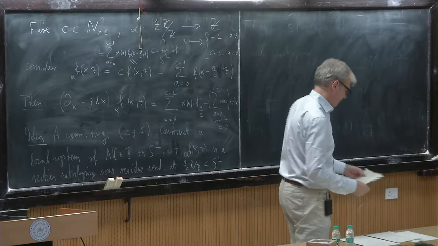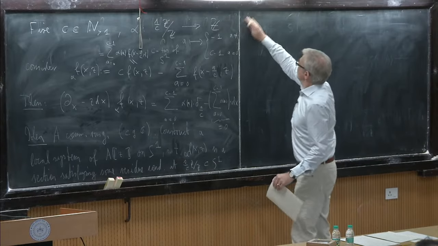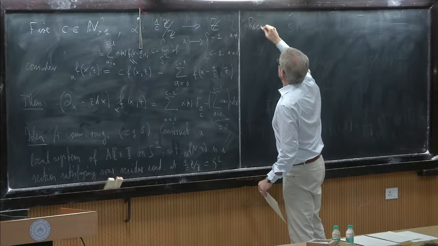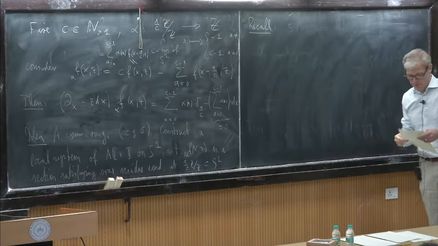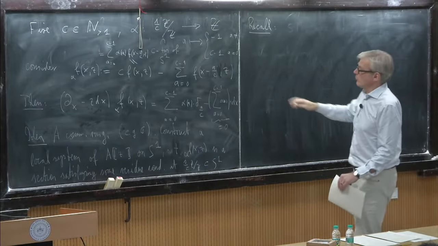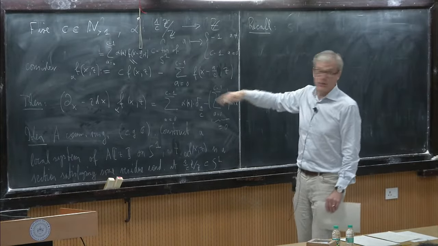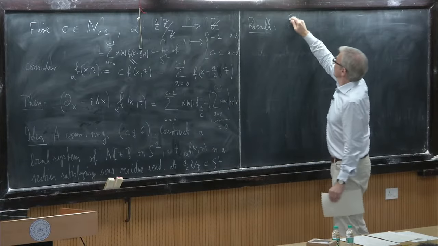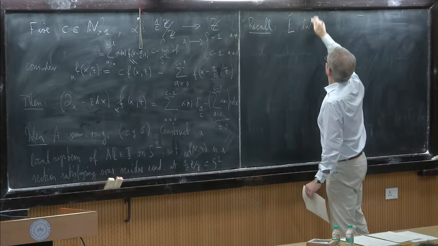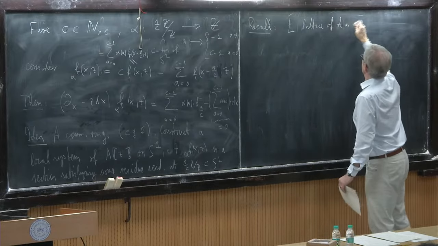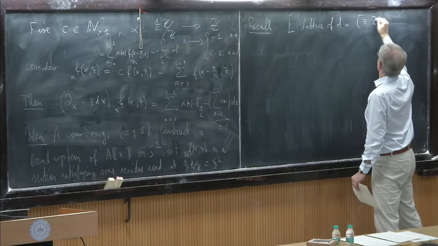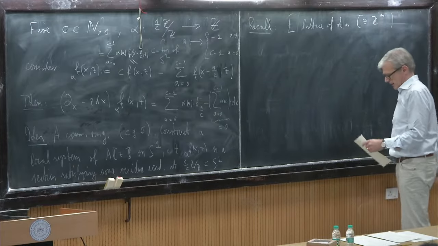Let me do a little recall here, or maybe mention for the first time, and I do it right away in the generality I need it later. Let L be a lattice of rank n. This means it's just a free abelian group of rank n.